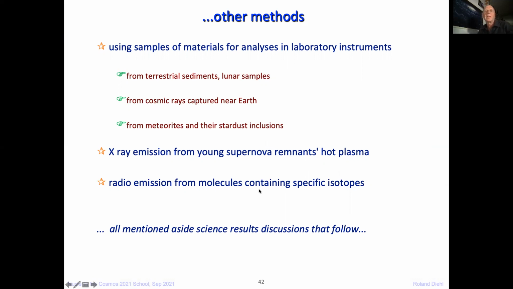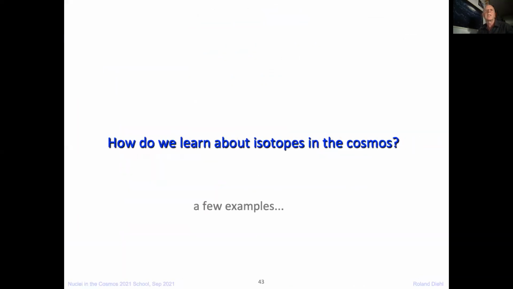You may be familiar with the carbon isotopes that can be seen in the CO molecule. That would be carbon-12 and carbon-13. And radio emission also has been seen from a molecule that contains radioactive aluminum-26. So I will probably mention that in an aside from the scientific discussions that I now want to go into.